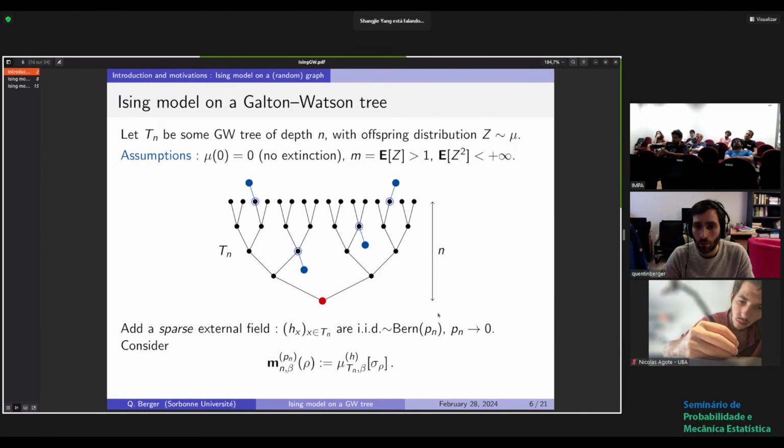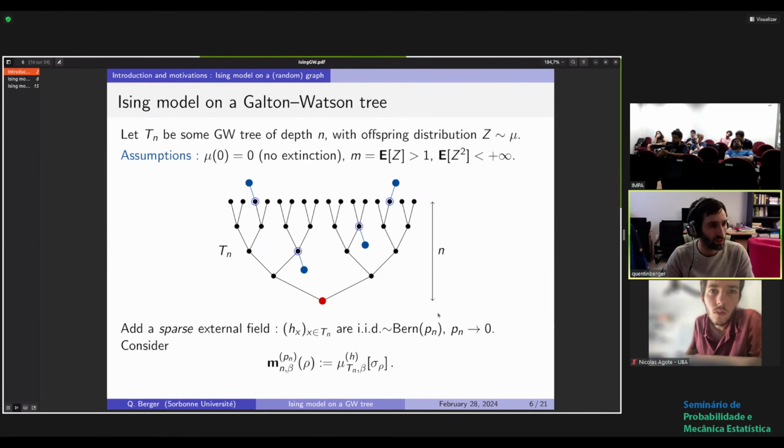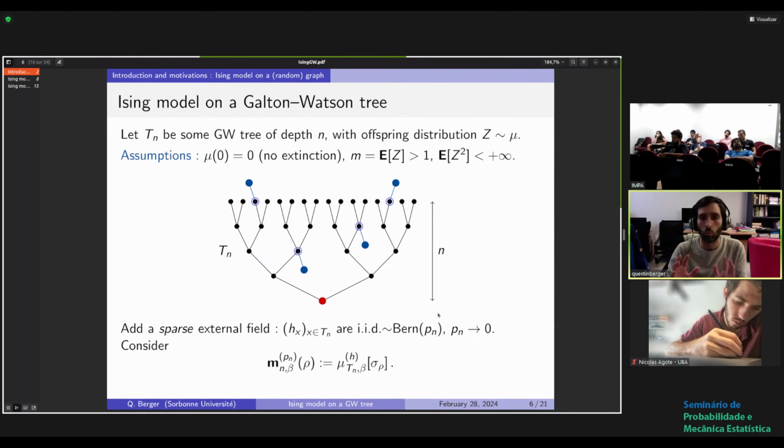Can I ask a question? So now you put the random boundary to be plus. If you put it with one half probability to be plus, one half probability to be minus, how would it change? Yeah, it's not a question we investigated, and this is one of the next questions we want to study. The idea we had in mind was putting a plus boundary condition on a random geometry.